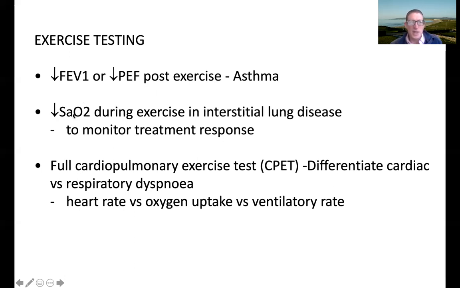The other thing we can do in exercise testing is put a finger probe on to measure oxygen saturation and to look at the fall in oxygen saturation during exercise. So this is something we might do in interstitial lung disease to monitor treatment response, for example. And this is measuring the impairment of the alveolar arteriolar barrier.